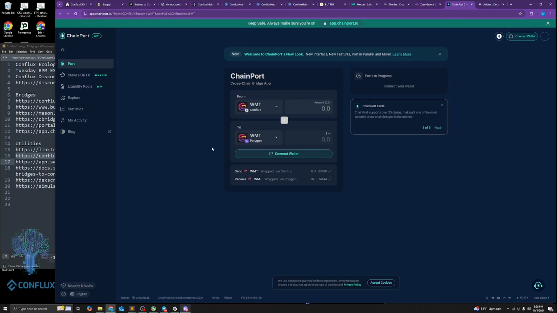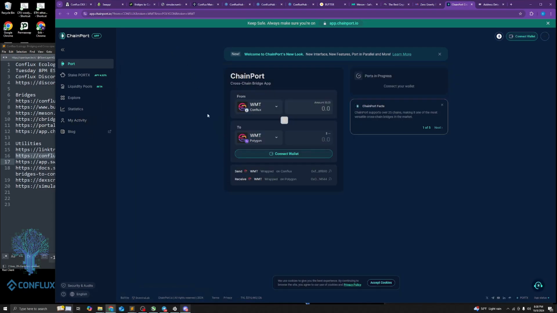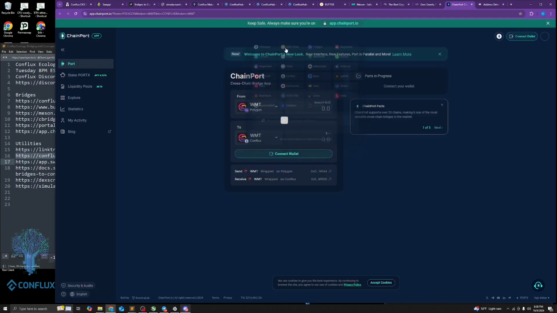Let's jump back to eSpace now. This is something I wanted to mention. I literally just found this half an hour ago, and I'm super excited about it. Chainport, app.chainport.io, is the bridge that was utilized to connect. Look at all these.